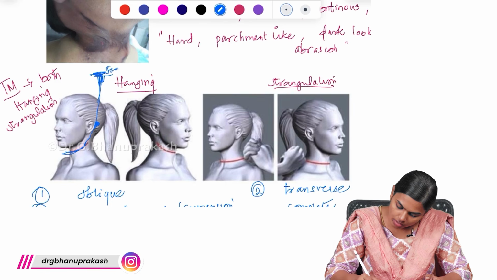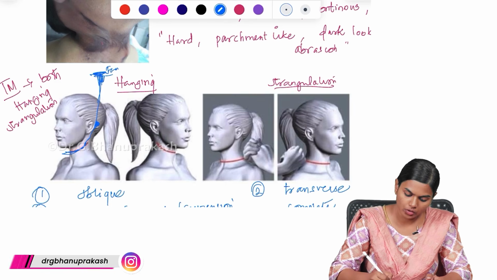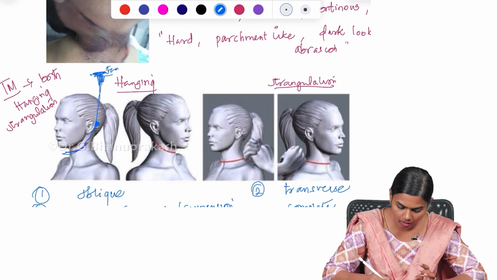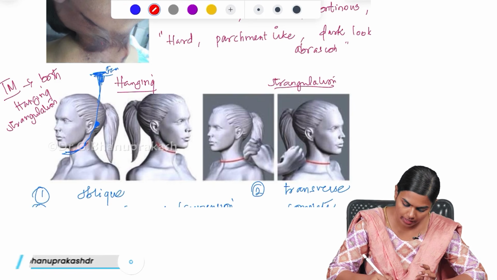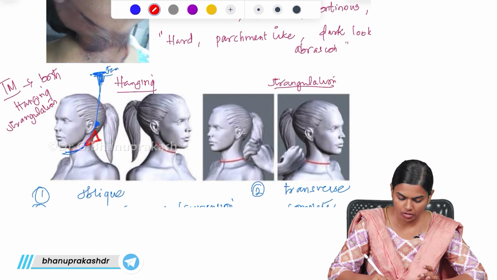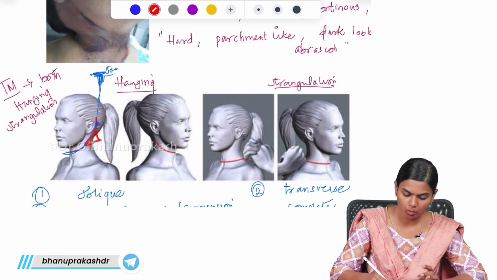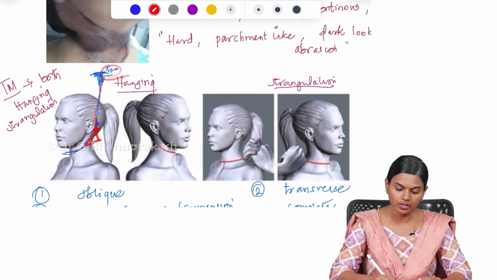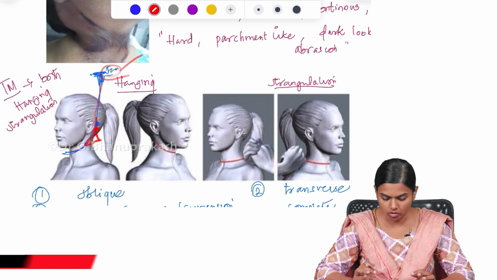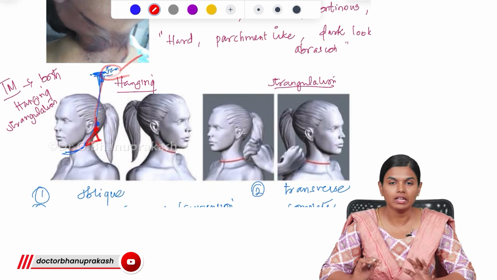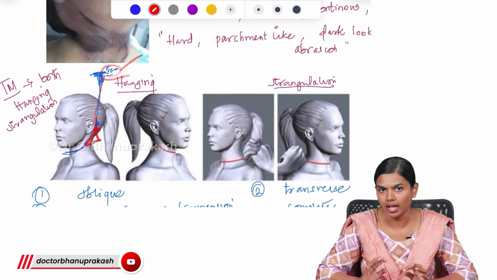When you look at both directions, you will get a triangular shape here, and this suspension peak, this apex, will usually be pointed towards the suspension point. This free area, we call it the incomplete ligature mark of hanging.